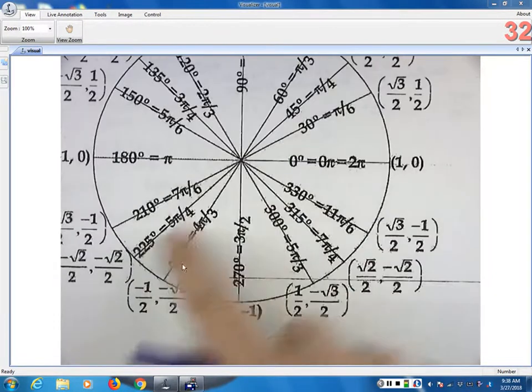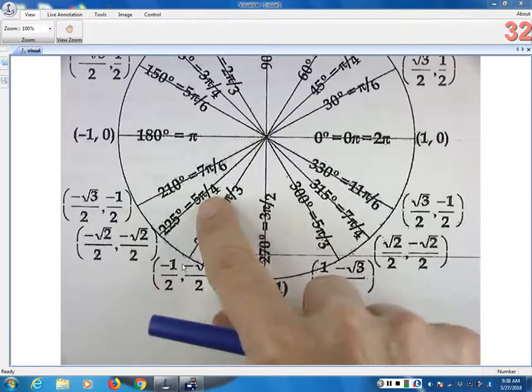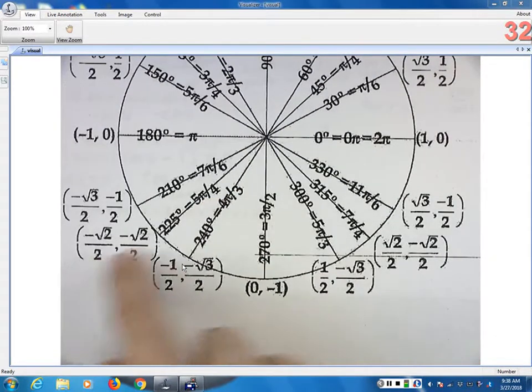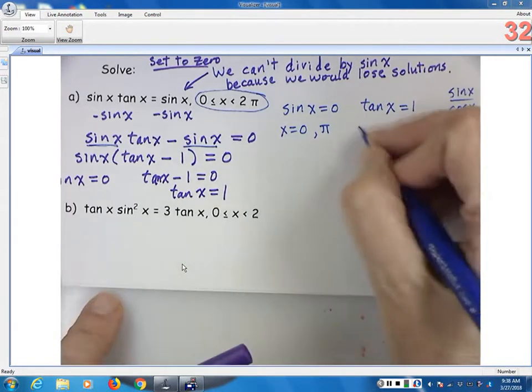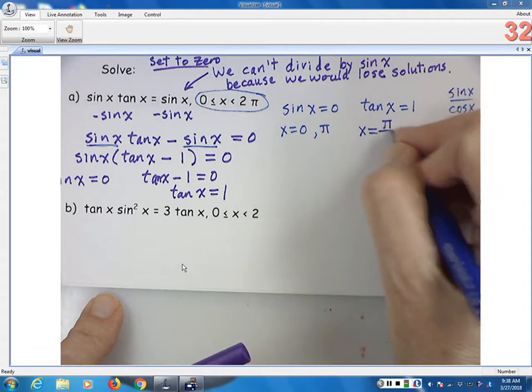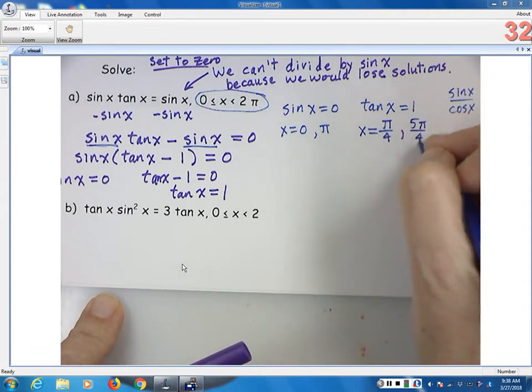And at 5 pi over 4, they're both negative, the negatives cancel out, and you get 1. So x equals pi over 4 and 5 pi over 4.